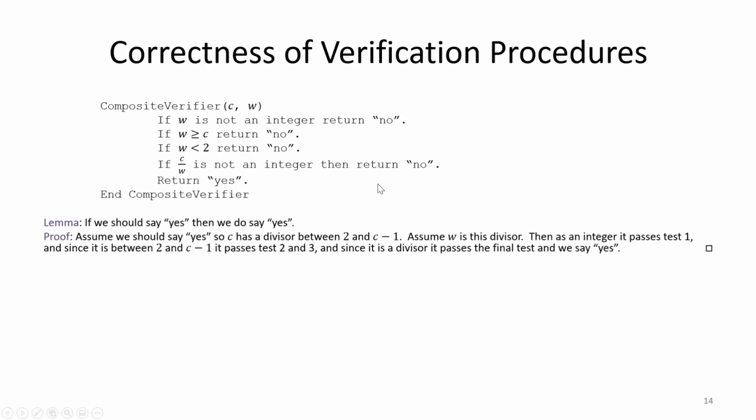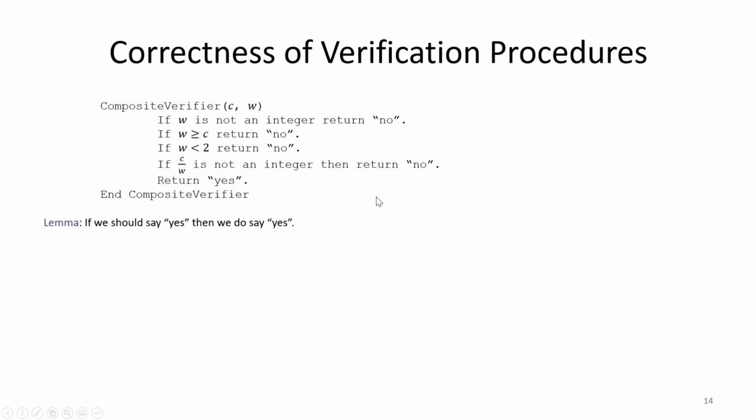All right, let's see if we can follow the proof here. Maybe before we go into the proof, let's remind ourselves, what do we need to prove? We need to prove that there is some proof that gets us to the yes. Not all of them, just some. So let's start out. We're starting out in the case where we should say yes. So what we know is we have a composite. So how are we going to argue that we should say yes?